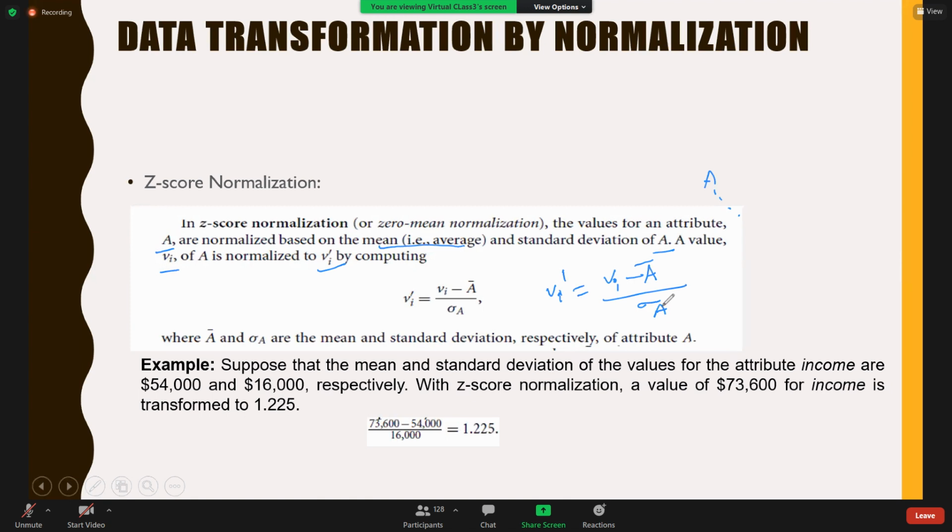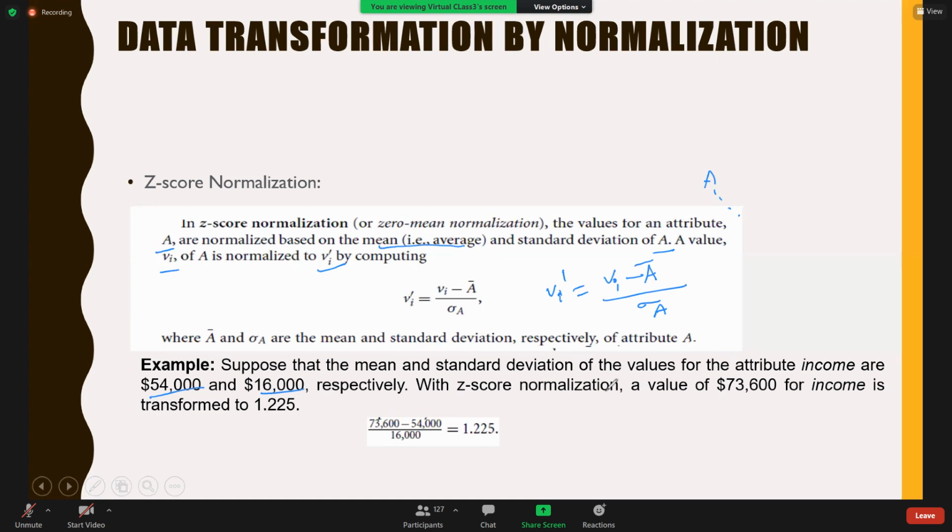Previously in min-max, we applied normalization based on the minimum value and maximum value. Here, in the Z-score, we are considering the mean and standard deviation. For example, in the same problem that we discussed previously, suppose you are given the mean and standard deviation. This is not always possible; you might receive a list of attribute values, and then you need to calculate your mean and standard deviation. But in this question, you are given both: mean is $54,000, standard deviation is $16,000.